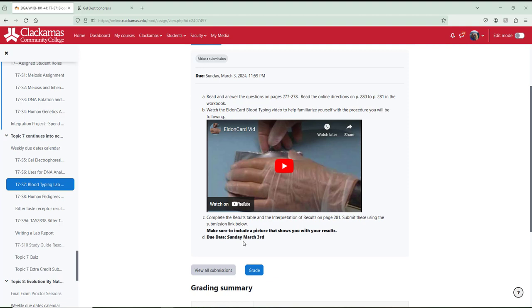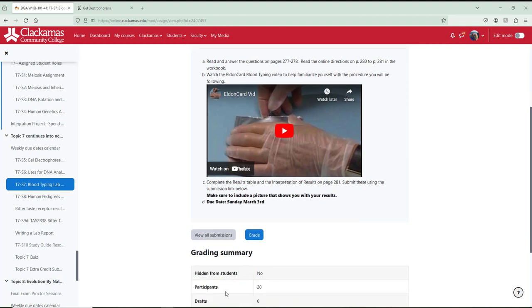So once you figure out what your results are, make sure you take a picture first of all, before I forget. Take a picture of your Eldon card with your blood sample showing the clumping or non-clumping. And then you're going to use page 281 to determine what your blood type is. And then you're going to submit that picture of your Eldon card with your results as well as page 281.